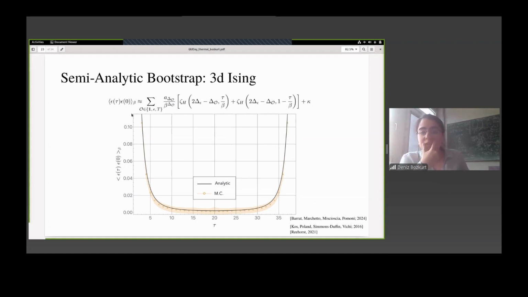So this was not possible before, and now that we have the Hurwitz zetas, we can do this. This should be the form of the two-point function for epsilon, and we also did Monte Carlo to check the result, and it's given here.